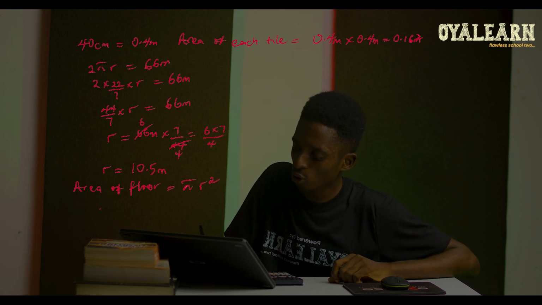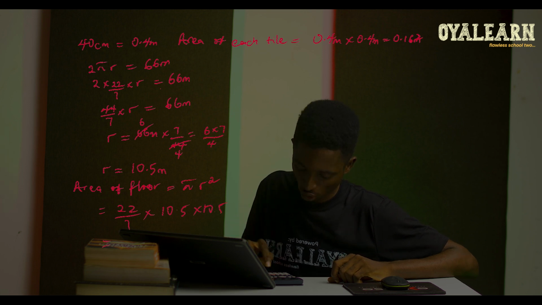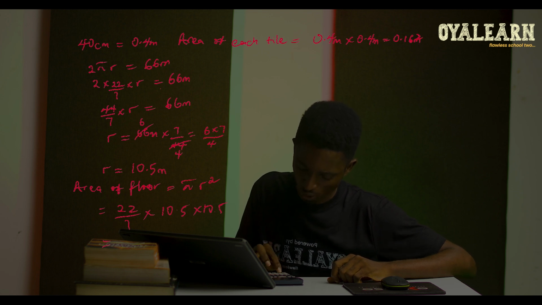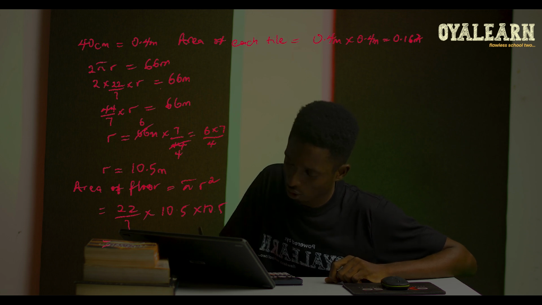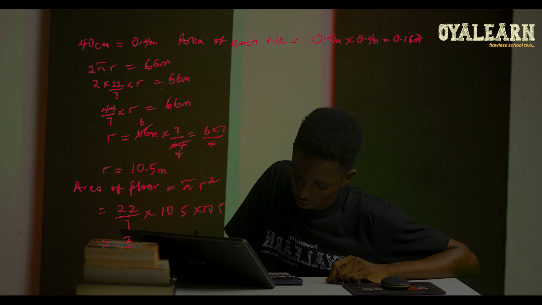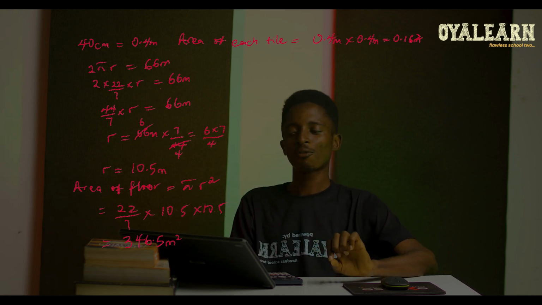So applying pi as 22/7, we would have 22/7 multiplied by r, which is 10.5, squared. So our area becomes 22 multiplied by 10.5 multiplied by 10.5 all divided by 7. And that gives us 346.5 meter squared.